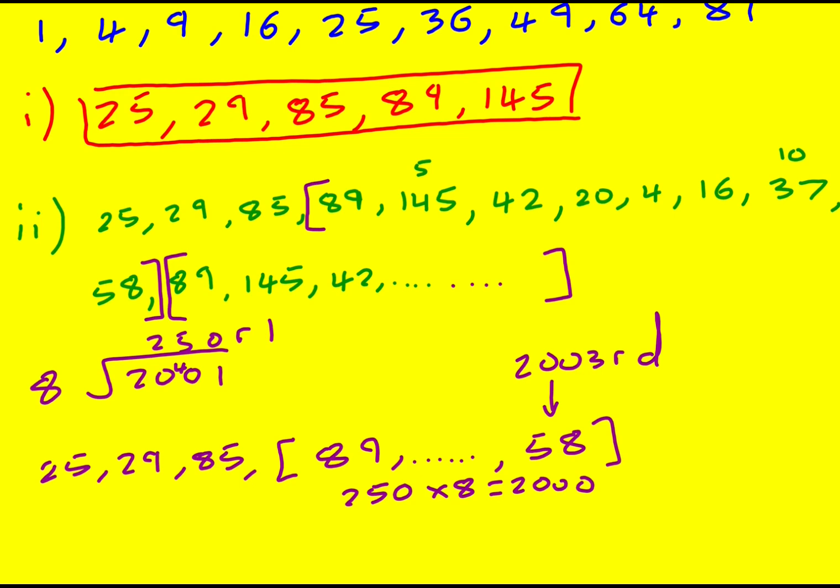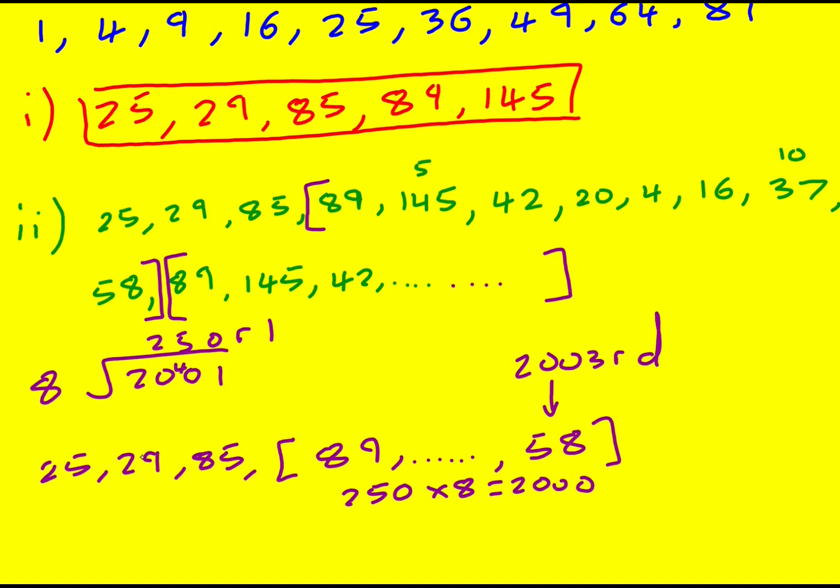Okay, I just want to sort of say what I did again. I've worked out that I can fit 250 lots of 8 into 2001. So I've got 250 of these somewhere. But actually, when I include the first 3, I go beyond 2001. That's quite important. But what I can see is I've got my 2,000 terms from having 250 lots of this 8.